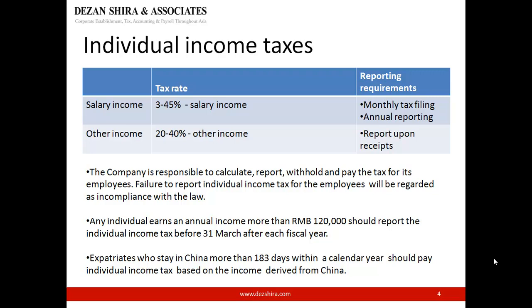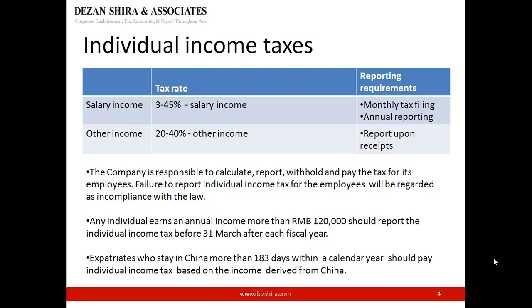Individual income tax is reported every month, but there is a special requirement for those people who earn more than 120,000 RMB per year. Before the end of March, after every fiscal year, an individual should report his own individual tax to the tax authority.